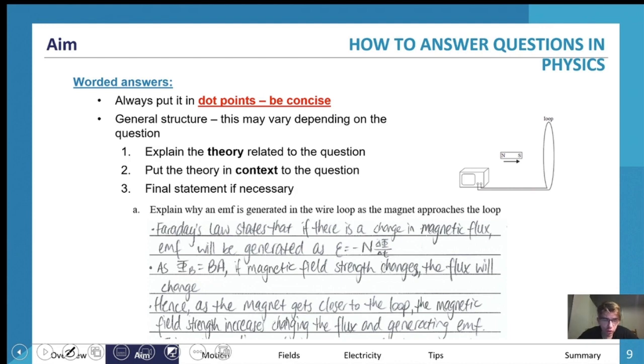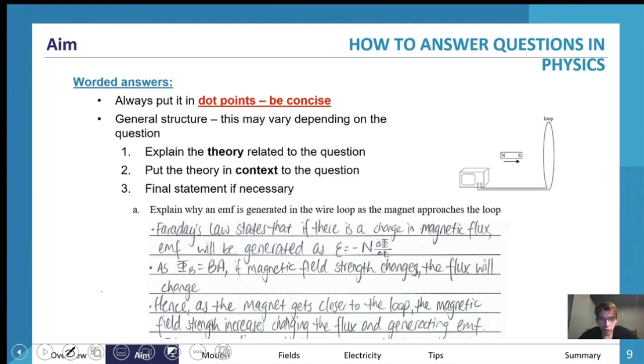And usually the general strategy that works for most people, and again, disclaimer, this isn't gonna work for every single extended response question, but it's a good rule of thumb to, first of all, explain the theory related to the question, then put the theory in the context of the question, and then make a final statement if necessary. And try and do this in dot points.